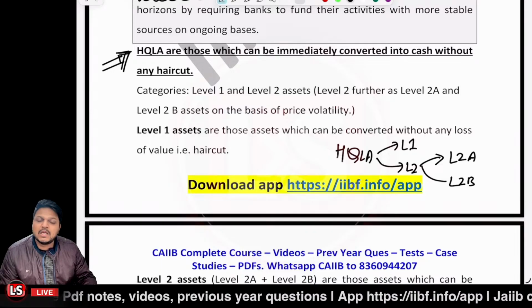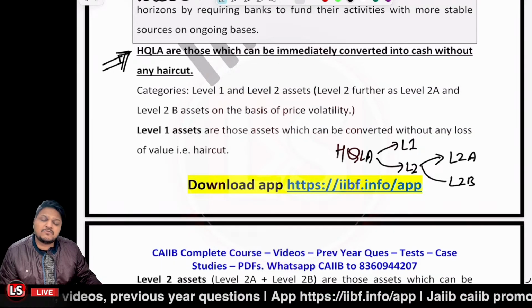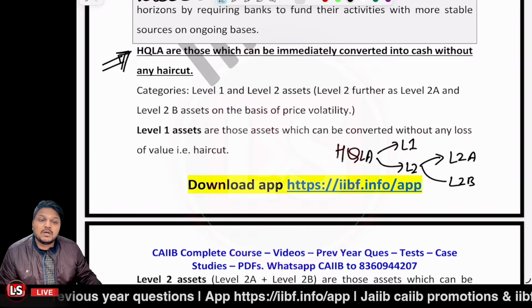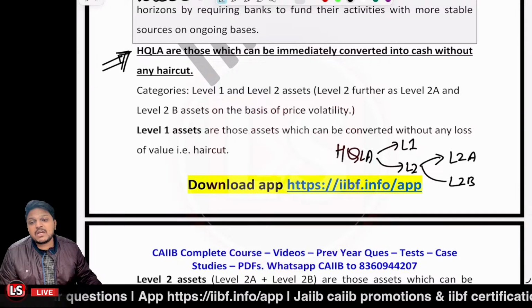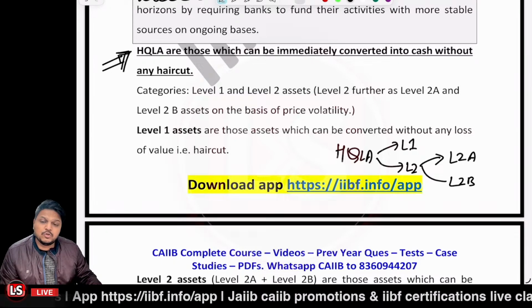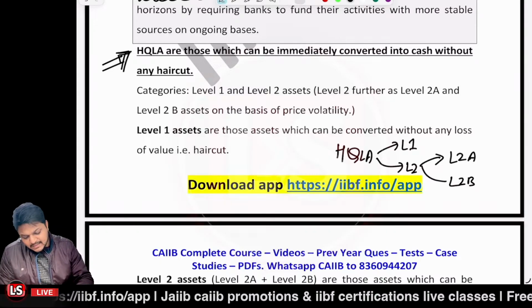Okay. Now level 1 assets are those assets which can be converted into cash without any haircut. No loss of value will be there. That is a level 1 asset.